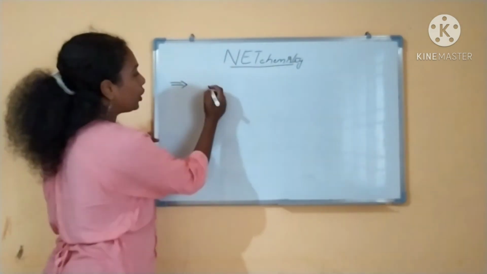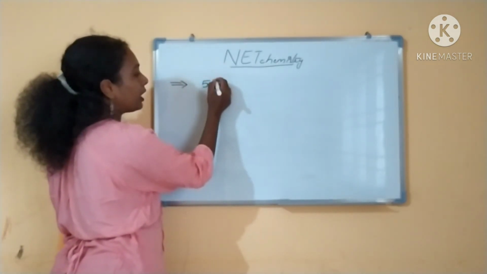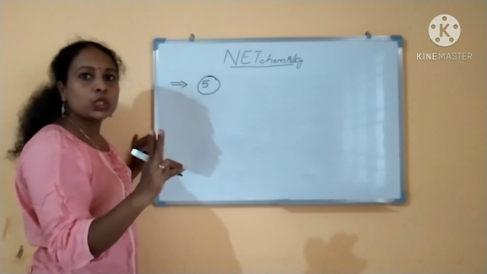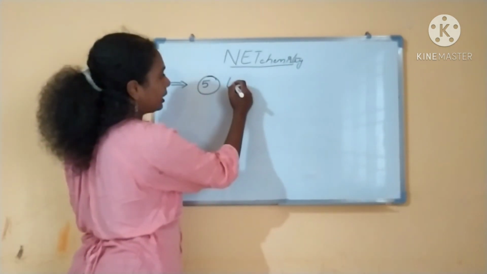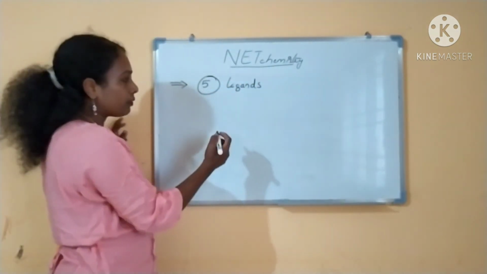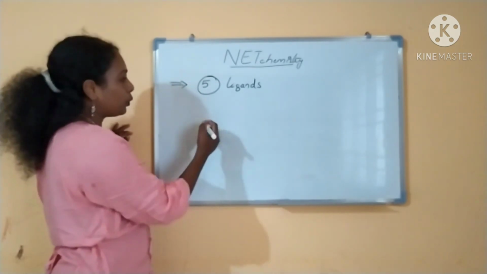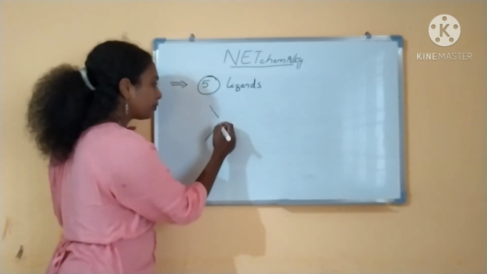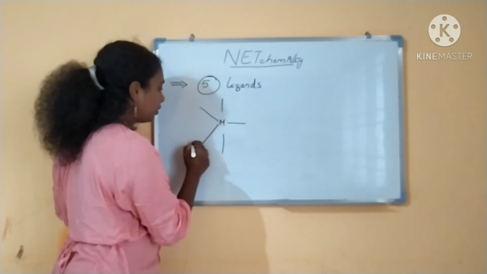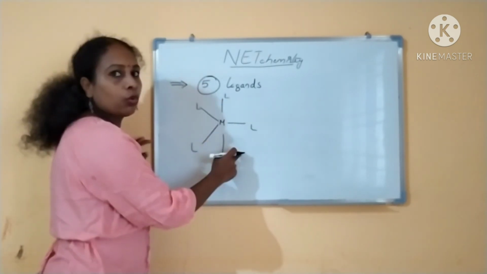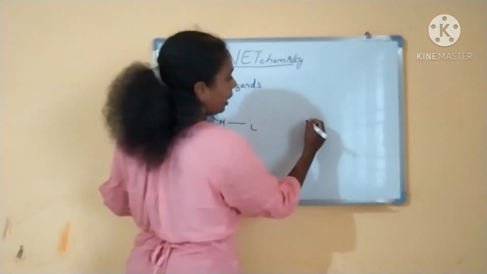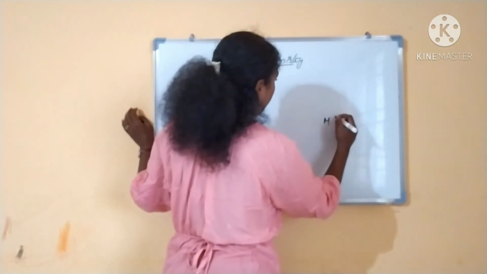Next I am telling coordination number 5. If 5 ligands are present, there are 2 possible structures, okay? One is trigonal bipyramidal, or else square pyramidal, right?